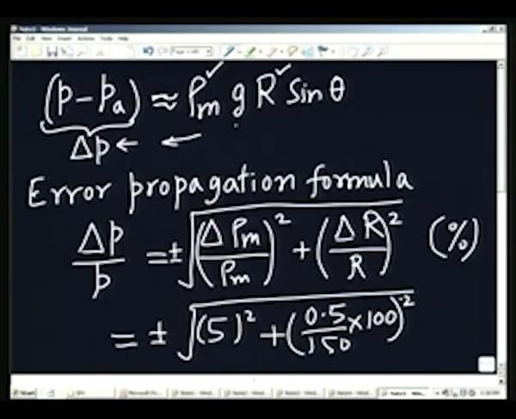Because the value was not given in percentage, I have calculated in percentage by taking 0.5 is the expected error, divided by 150 is the actual measured quantity, multiplied by 100 whole square, this gives you the value.